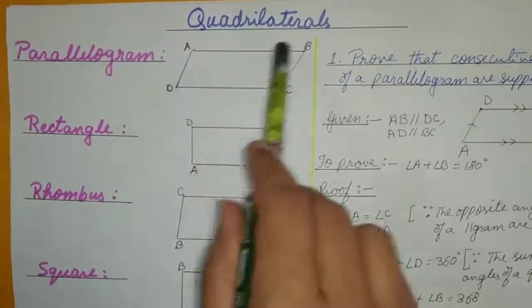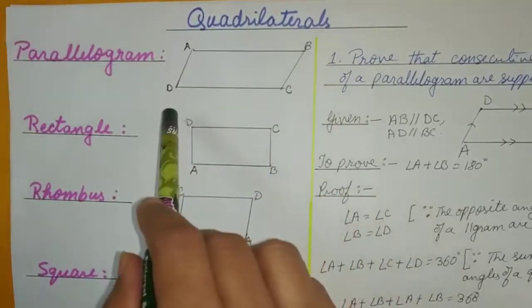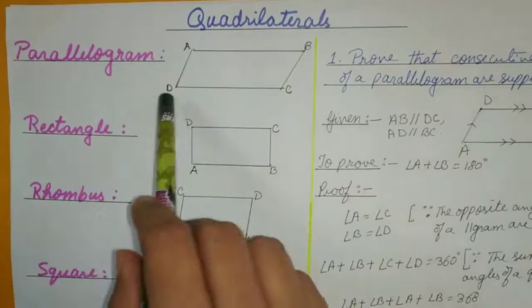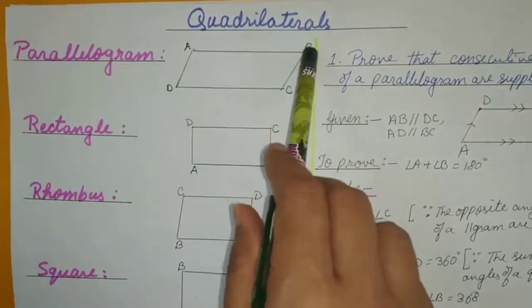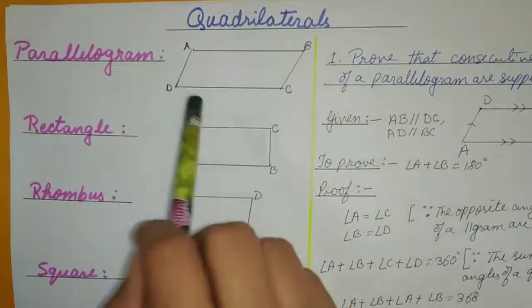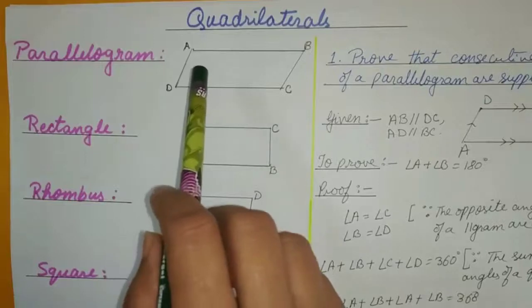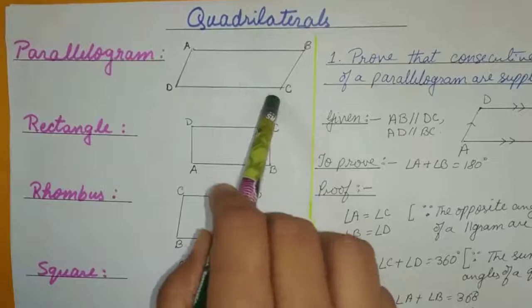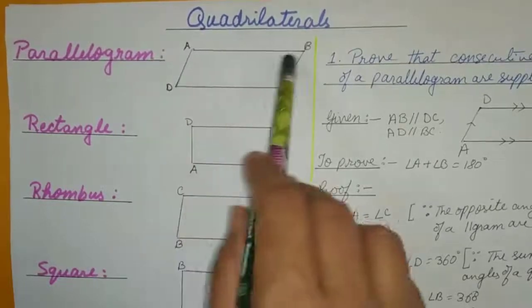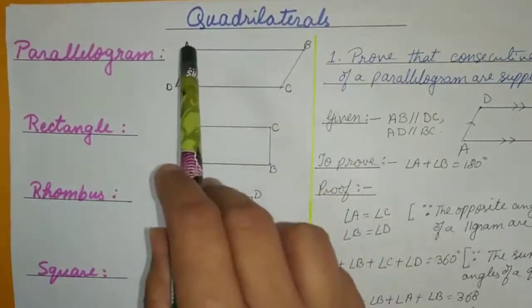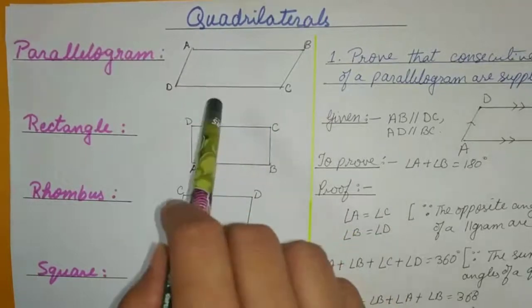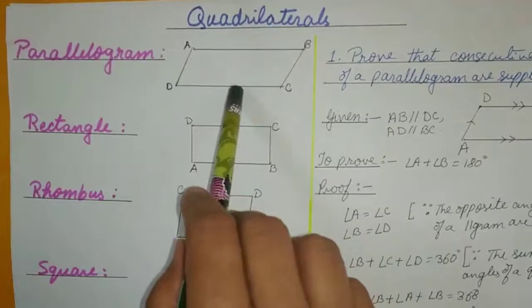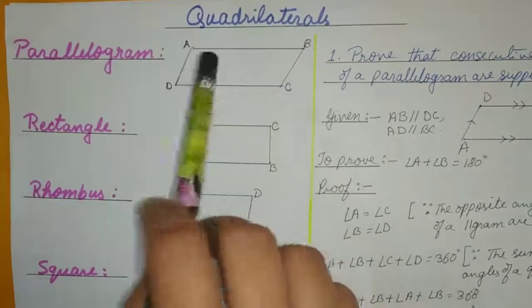The opposite angles are equal, like angle A is equal to angle C, angle B is equal to angle D. And also the diagonals bisect. If you join AC, AC is a diagonal. If you join BD, BD is a diagonal. They will bisect each other. So these are the common properties of a parallelogram.